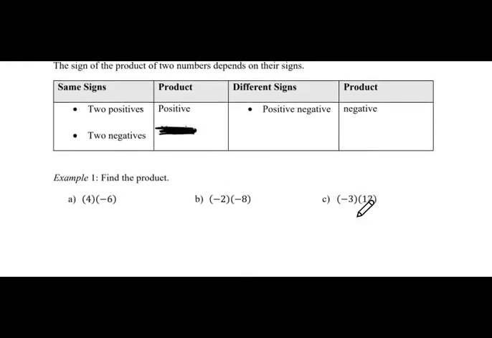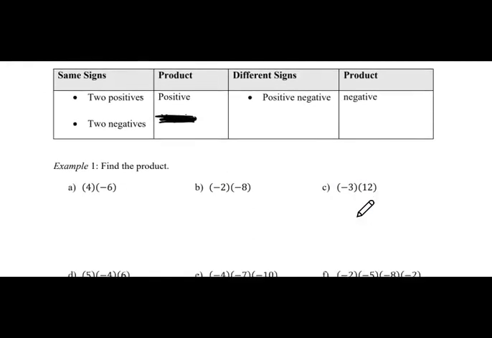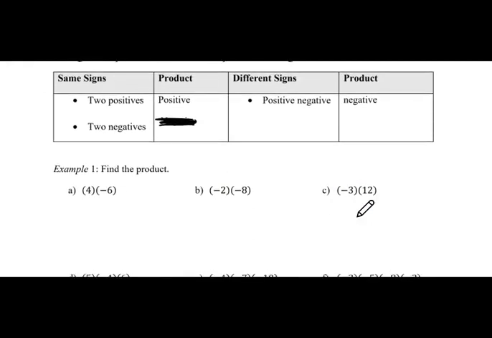So let's take a look at some of the examples. Before we go into the examples, you can also say, multiplying a positive number times a positive, the answer is positive. Negative number times a negative number, the answer is positive.